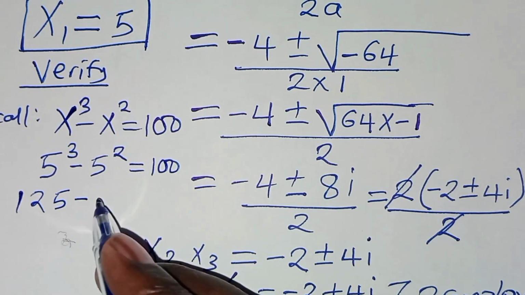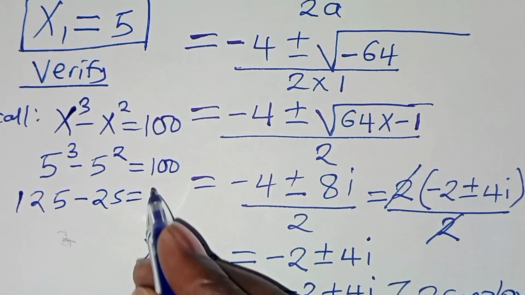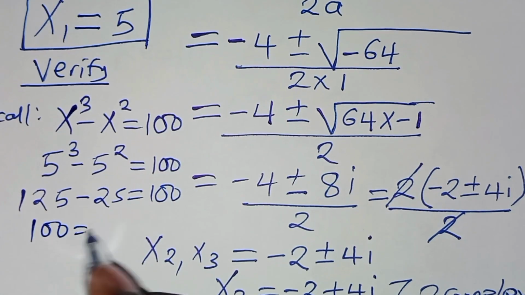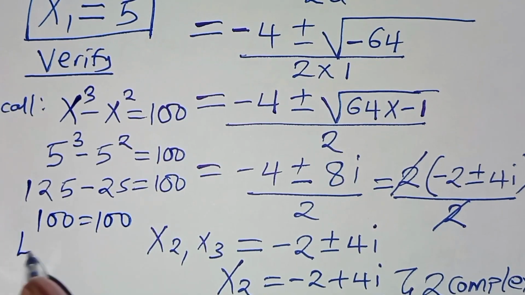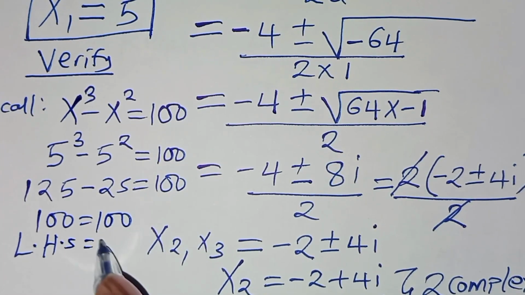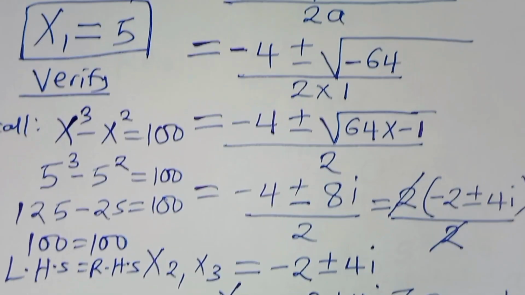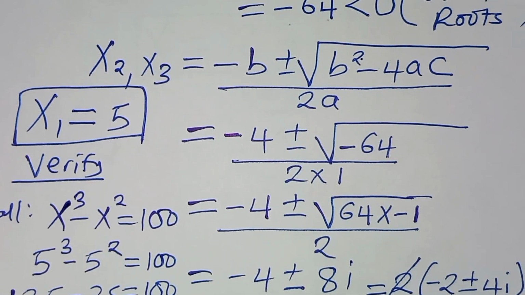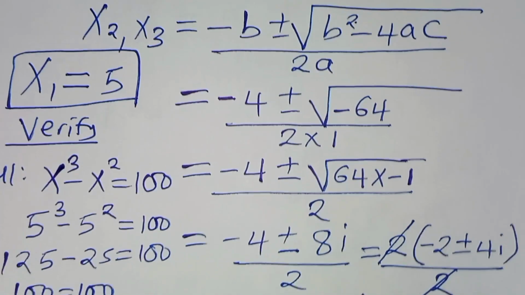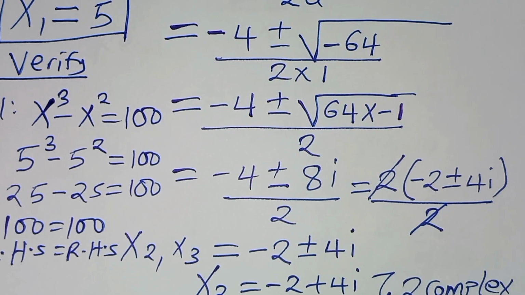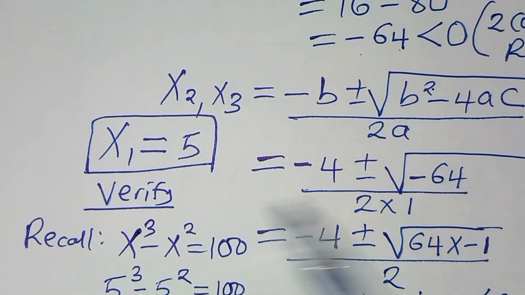Subtract 5 to the power 2, which is 25. This is equal to 100. So we have 100 equal to 100, and that implies that the left-hand side is equal to the right-hand side. And that implies that we have three solutions in this algebra problem: x2 and x3, which are the two complex solutions, and x1, which is a real solution.